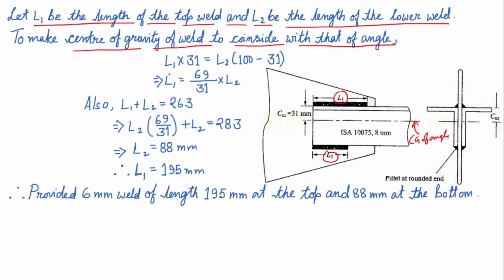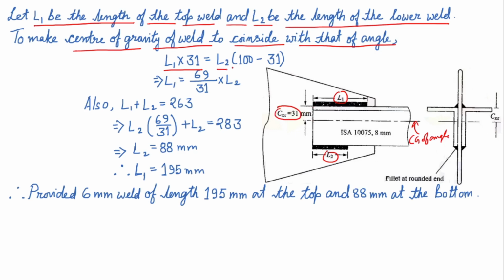So in this case, if I have to coincide the CG of the welding as well as the CG of the angle, then the equation will be L1 into 31. See, L1 is the length of the weld at the top and it is at a distance of 31 mm from the CG line of the angle.